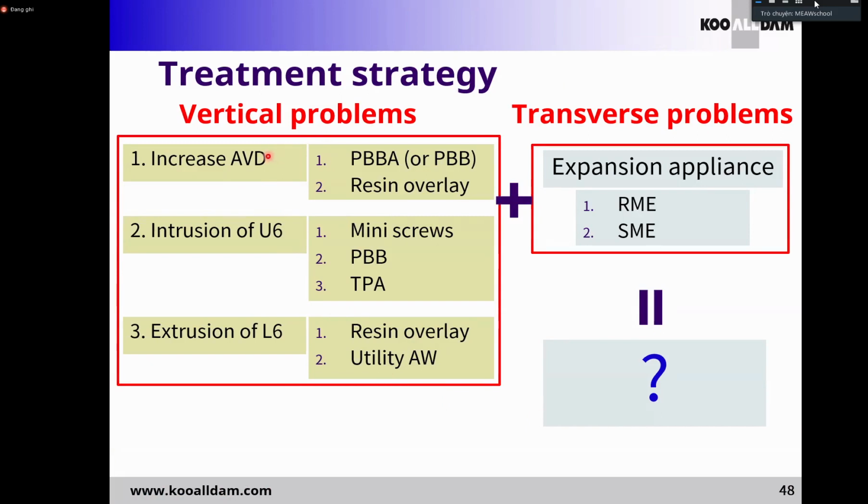So these are treatment strategies in class 3 malocclusion. Especially, we want to focus on vertical problem. However, in some cases we can see the transverse problem. For transverse problem, we may use expansion appliance, like rapid expansion or slow expansion.